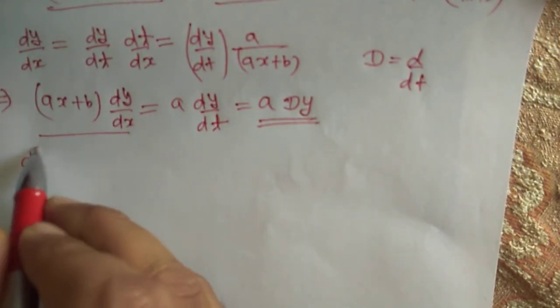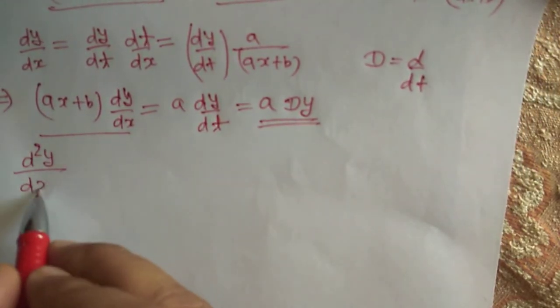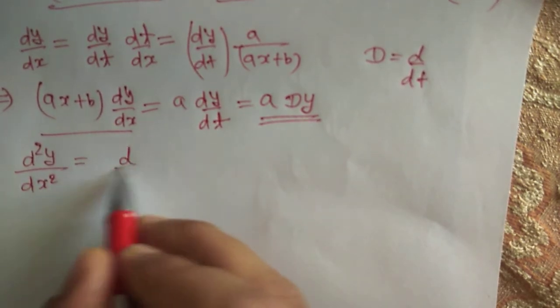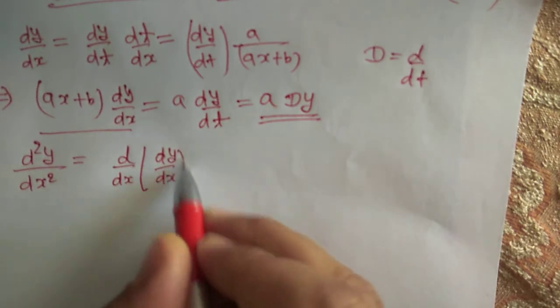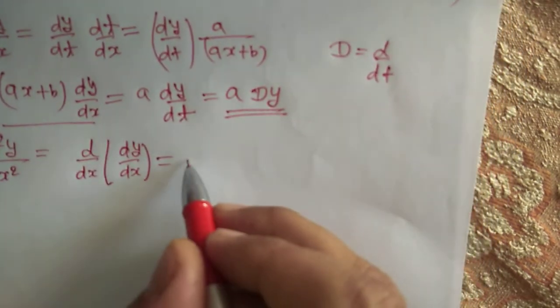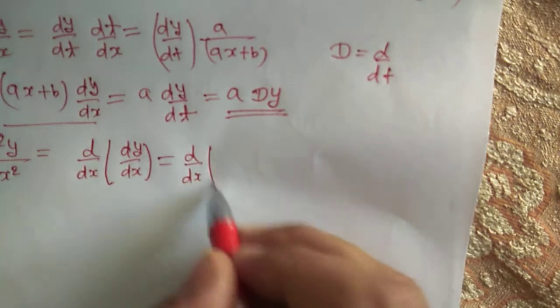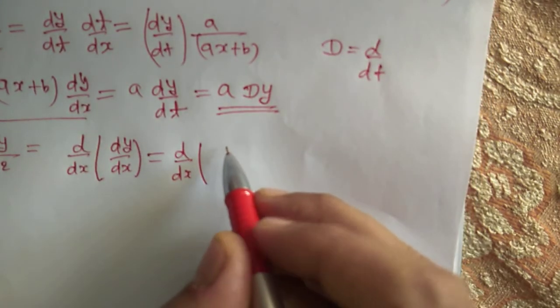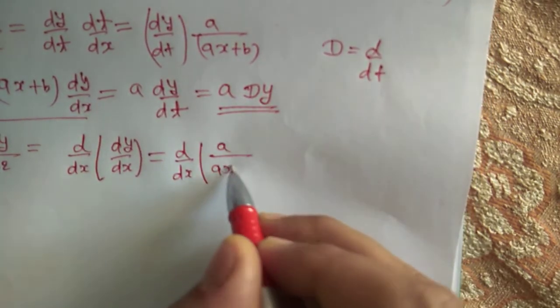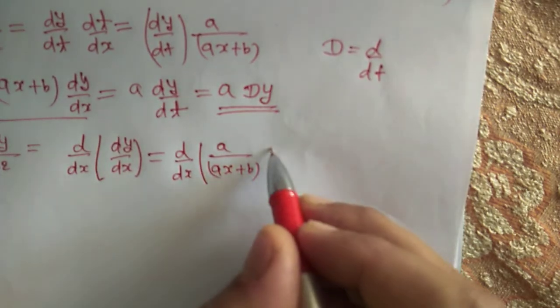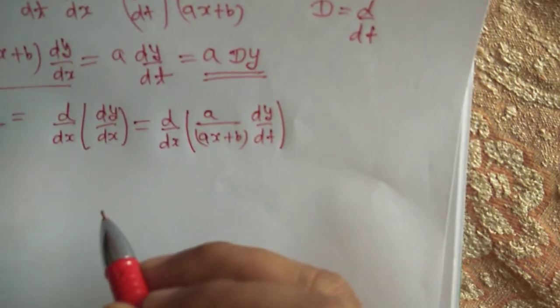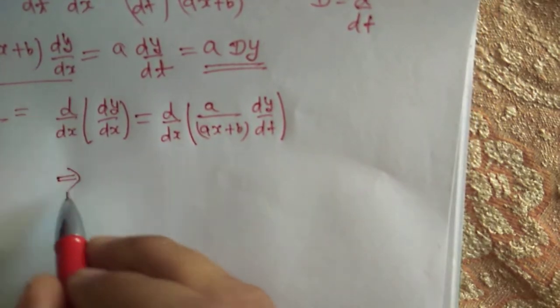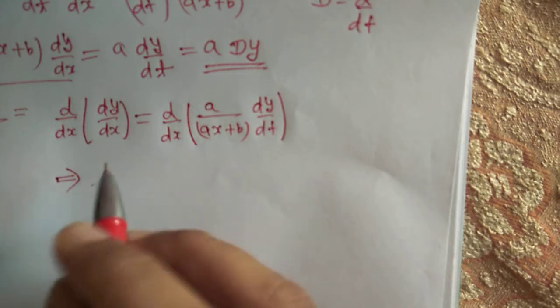Let us calculate the second derivative: d2y by dx square equal to d by dx of dy by dx. This dy by dx we have already calculated in the first step. So dy by dx will be a upon ax plus b times dy by dt. Now it is a product of two functions, so first let us differentiate.